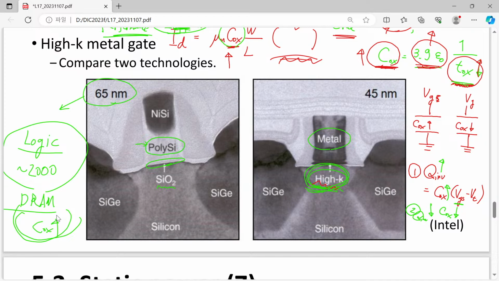So that's the reason why engineers are sometimes very conservative about introducing new technology, new material. But eventually, when they are pushed to the end of their resistance, then they give up and adopt the new material. Then something innovative happens once again.